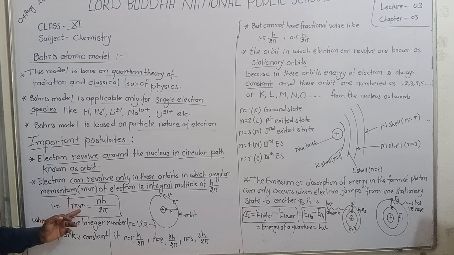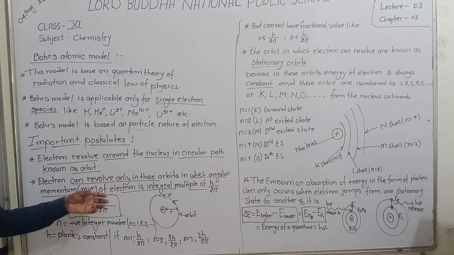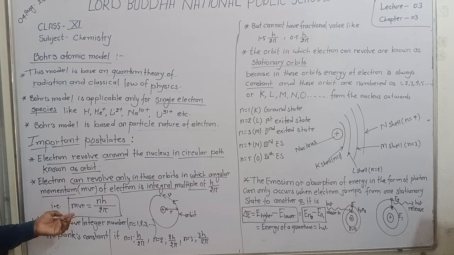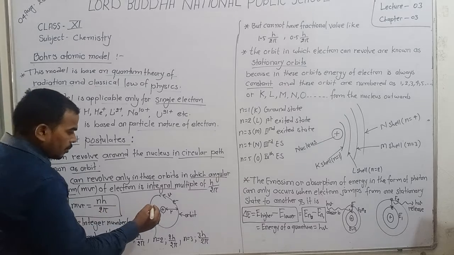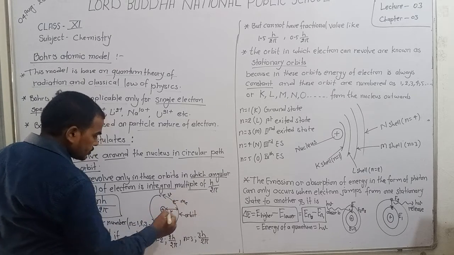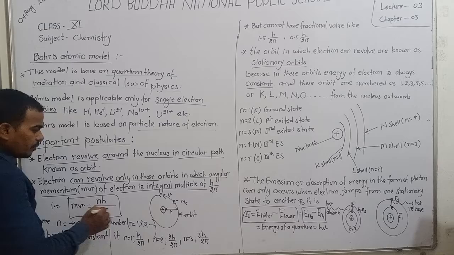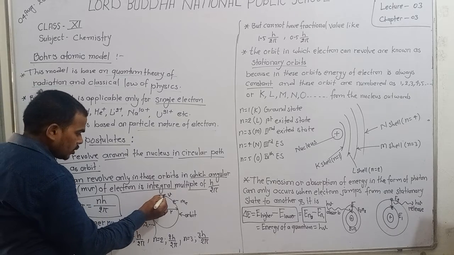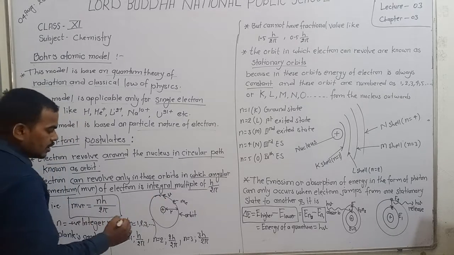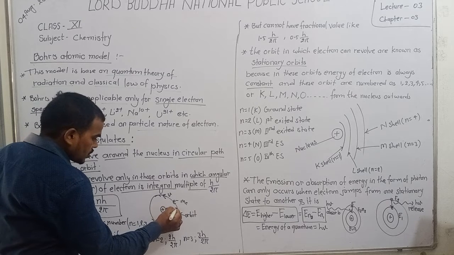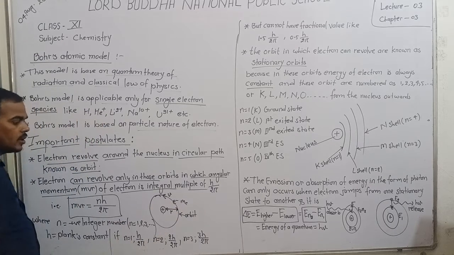Here mvr is the angular momentum of the electron, where m is the mass of the electron, v is the velocity with which the electron revolves, and r is the radius between the nucleus and the orbit.